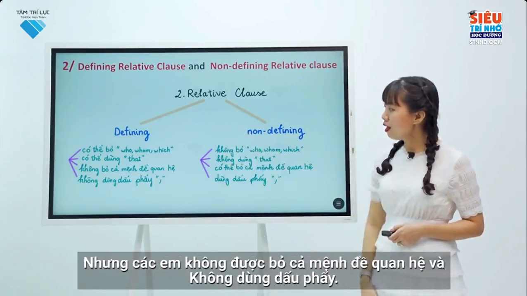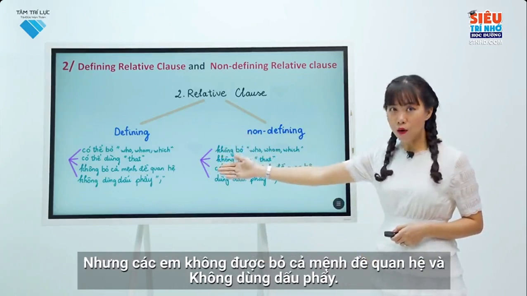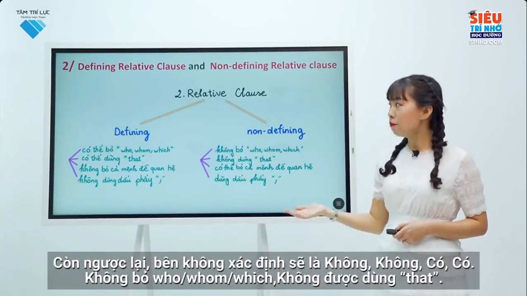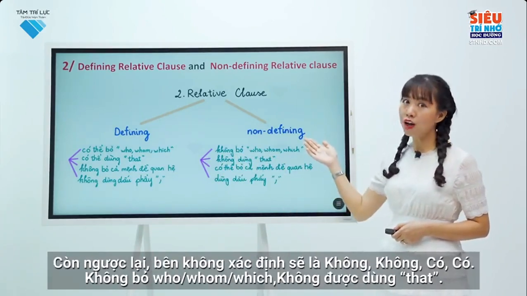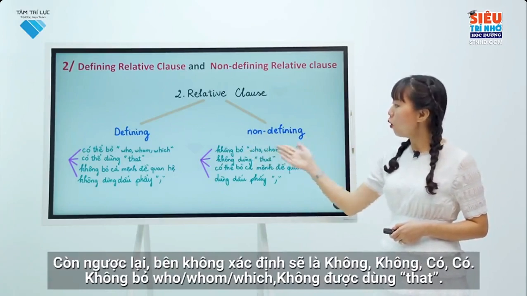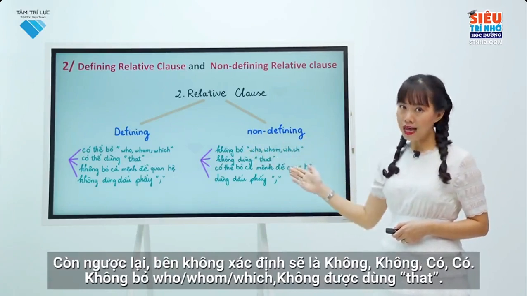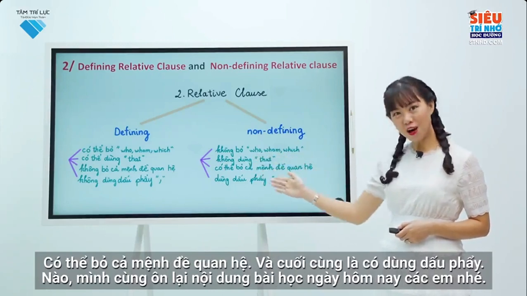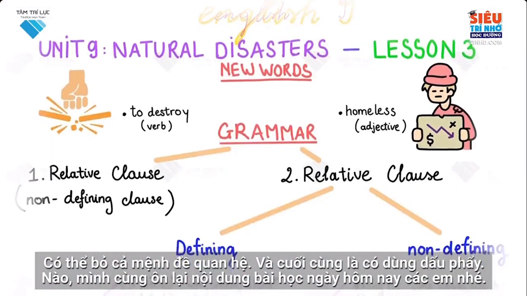You can use that, but you cannot omit the whole clause and cannot use commas. In contrast, on the non-defining side, we have cannot, can, cannot omit who, whom, which, cannot use that, can omit the whole relative clause, and finally, can contain commas.